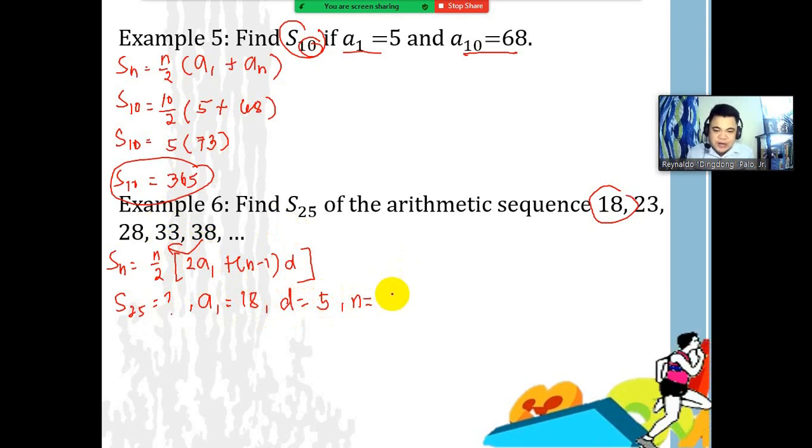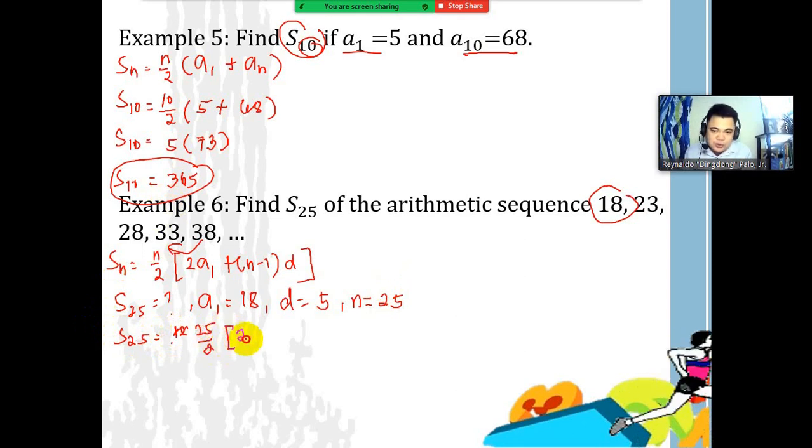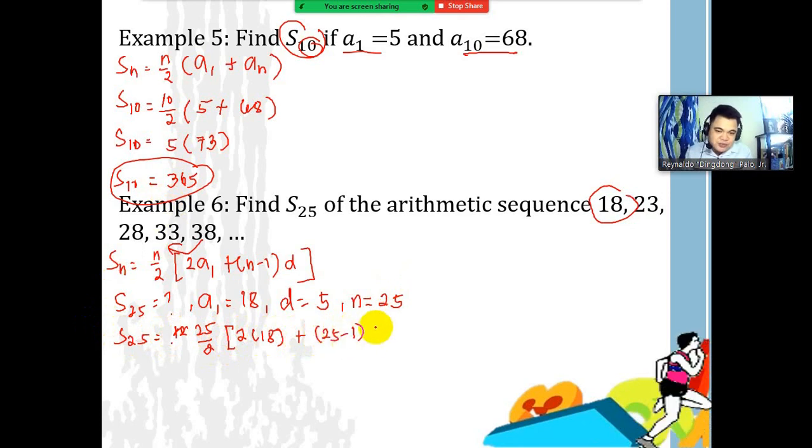We are solving for s sub 25, therefore n is 25. Then the next thing is we will substitute the values. S sub 25 equals 25 over 2 times the quantity 2 times 18 plus the quantity 25 minus 1 times the common difference, which is 5.